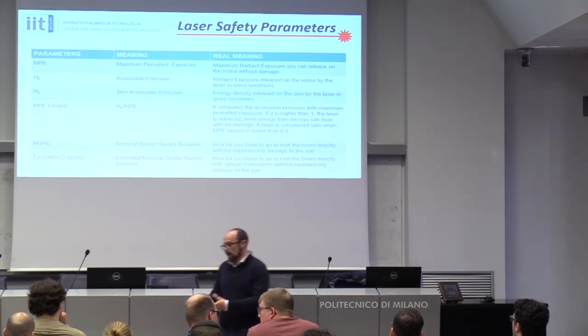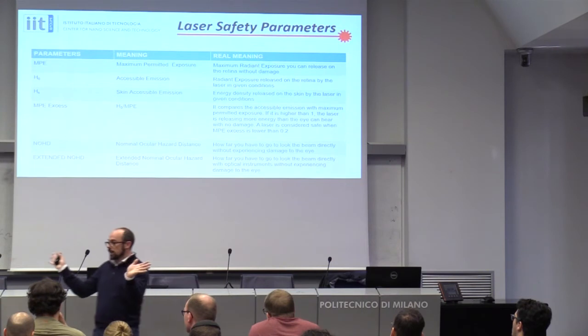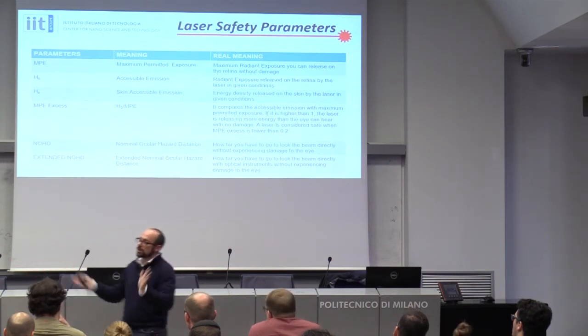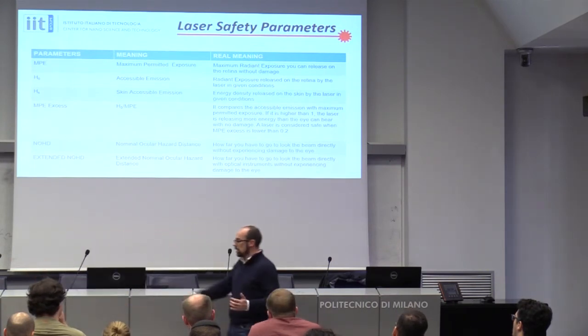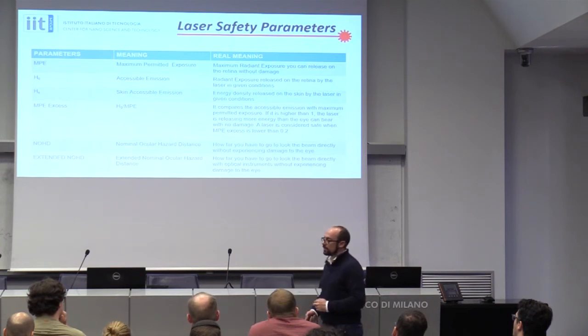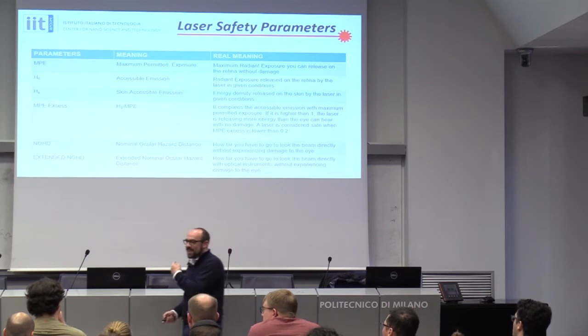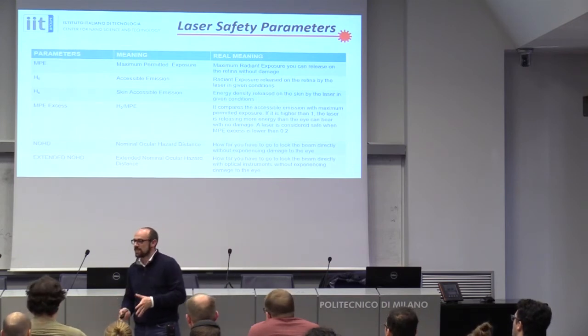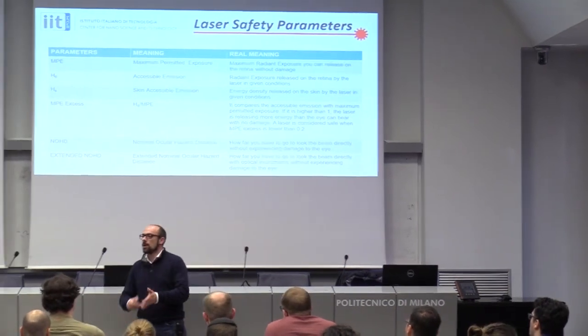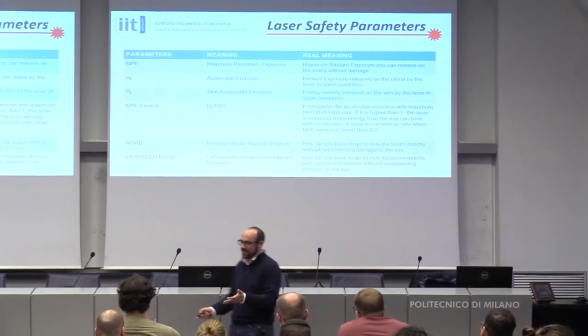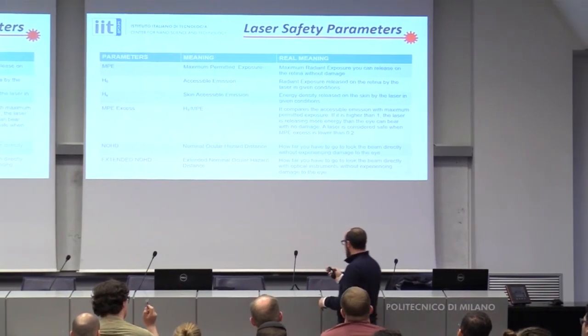For example, when you have a fiber that has a lot of divergence, it can become safe in a very short range. But usually, you have to calculate this, and you put it in the risk assessment, and it's nice because sometimes it comes out 300 kilometers, and, come on, but you have to write it.